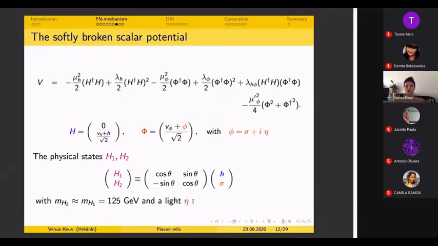So theoretically, it's understood that it's light, but also for the purpose of this project, you want it to be small as well. So small enough that it doesn't decay at tree level to any charged leptons. So it's definitely lighter than twice the mass of the electron. And then we want to see if there's anything that's limiting us or putting a lower bound on the mass of this eta.